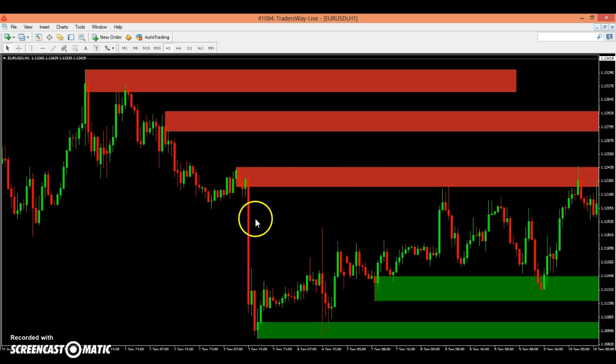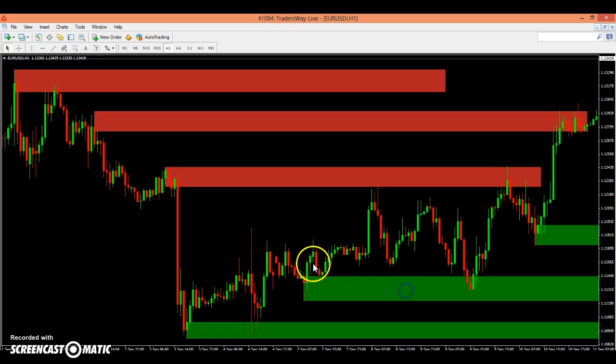Here, strong push to the downside. This is the hour chart. It's an hour worth of drop, like a very long candle. We get here, it tests the zone, it goes up. This is a pretty decent buying opportunity. It came back into the level. You're no longer interested in this. Wait for a new supply or demand to form.